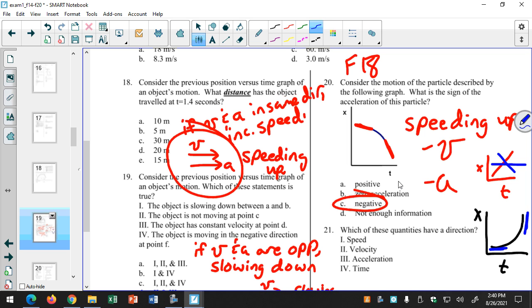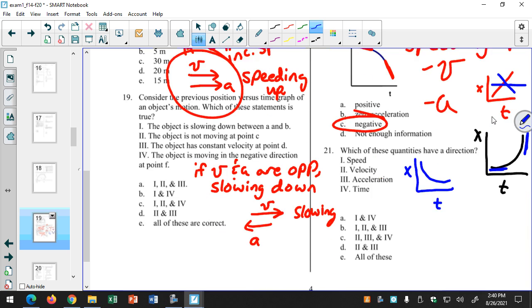Let me ask you this. This one's tricky. Here's x versus t. I'll make sure I draw this right. What is the sign of that acceleration? First of all, is it speeding up or slowing down? Oh, I'm sorry, y'all can't see that, can you?